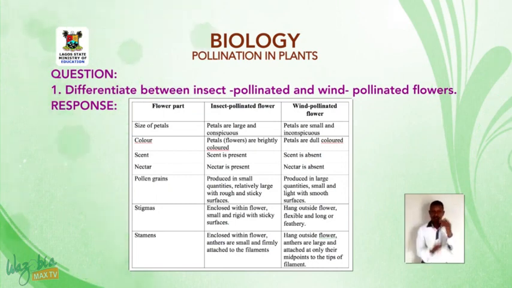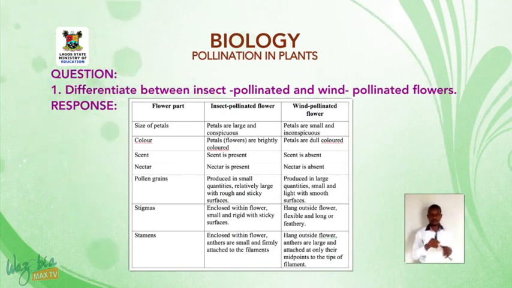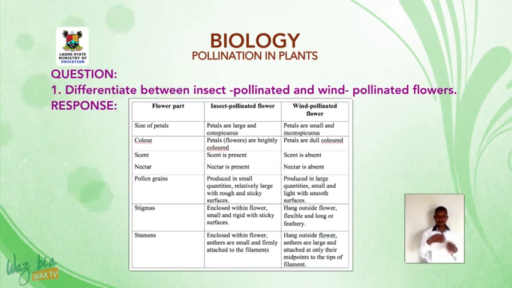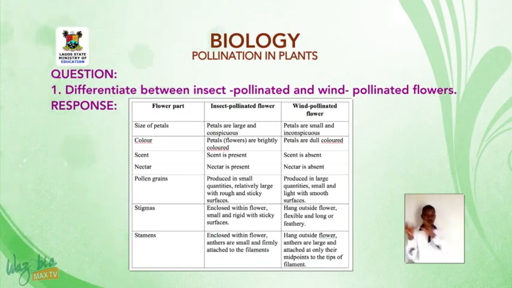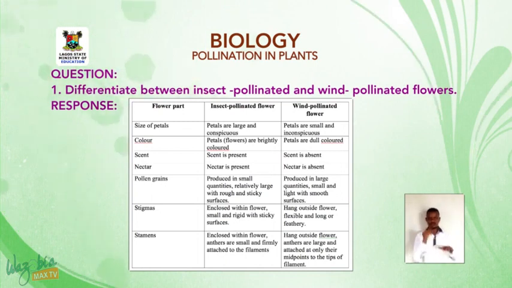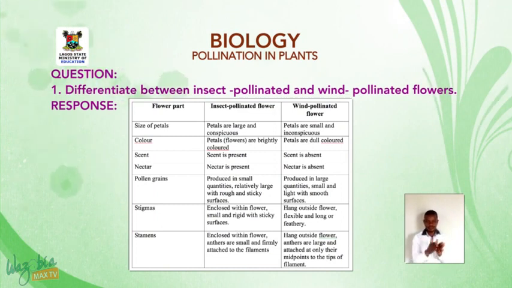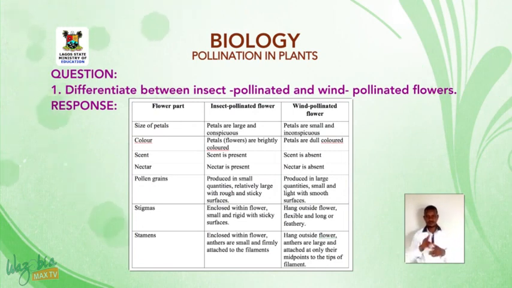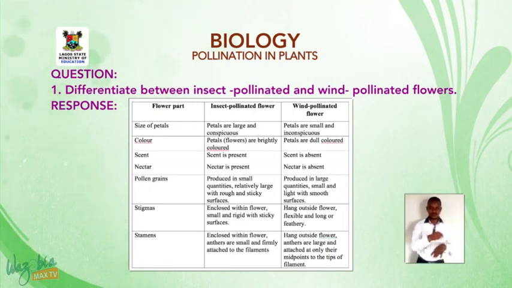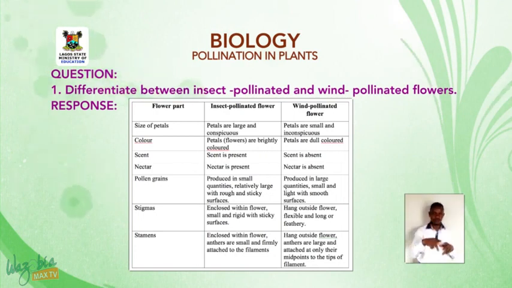Under insect-pollinated, nectar is present. Under wind-pollinated, nectar is absent. Under flower part, pollen grains. Under insect-pollinated flower, pollen grains are produced in small quantities, relatively large with rough and sticky surfaces. Under wind-pollinated, pollen grains are produced in large quantities, small and light with smooth surfaces.